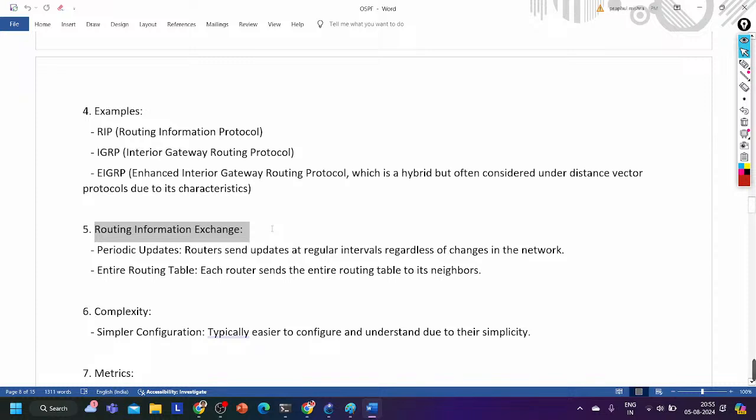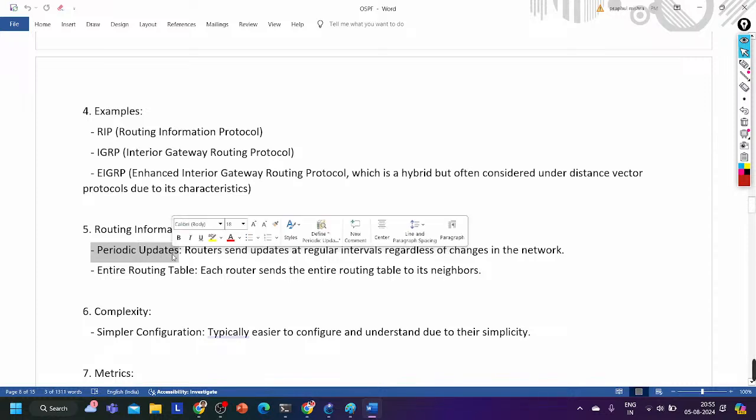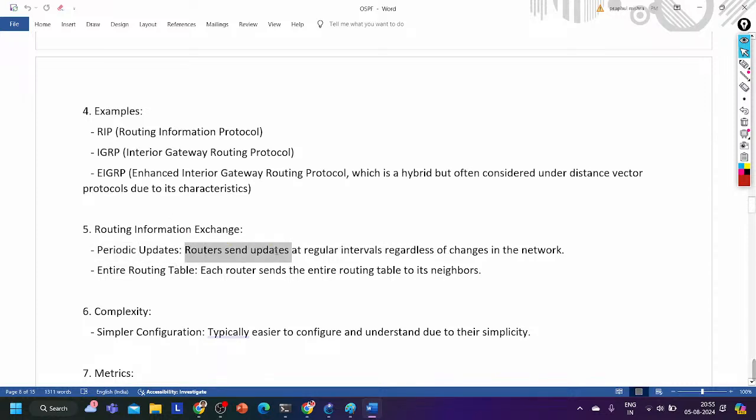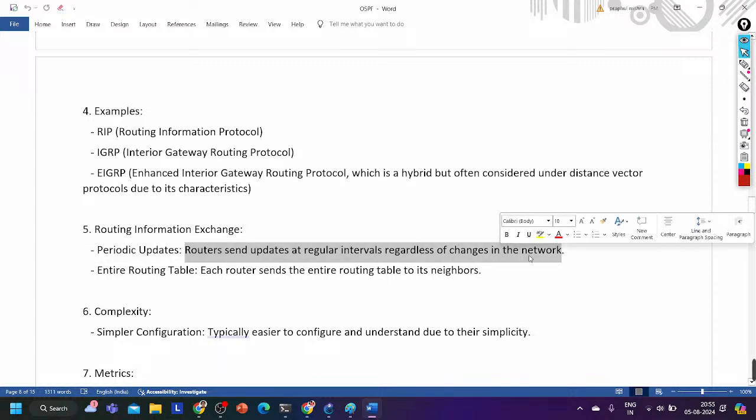Then, in distance vector routing protocols, if I talk about routing information exchange, routes are exchanged periodically. Periodic updates: routers send updates at regular intervals regardless of changes in the network. Routers should send their information only whenever a change occurs. When a change occurs, it should send the update message.